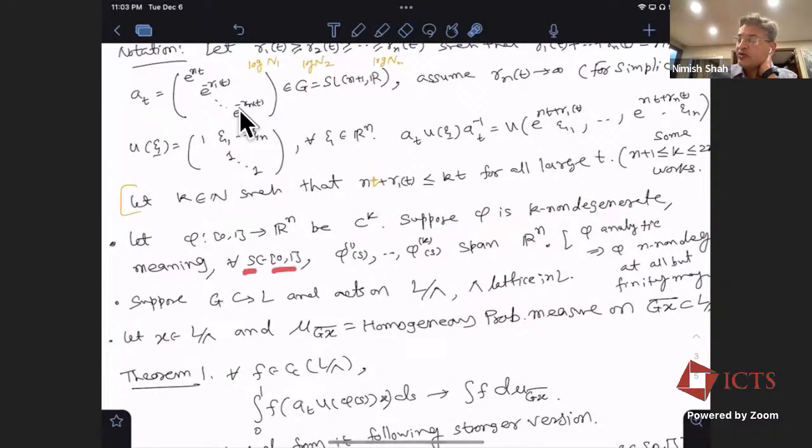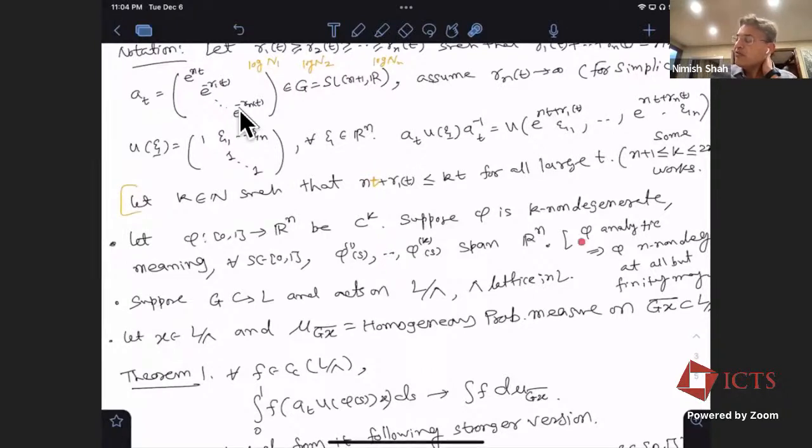For every s in (0,1), you look at its derivatives up to order k, phi', up to phi^(k). Here k is n plus 1 or more, so there are lots of derivatives. Each derivative of phi is an element of R^n. What I want is that all these derivatives span R^n. So in some sense, this curve phi is really curvy. It goes into all coordinates, locally.